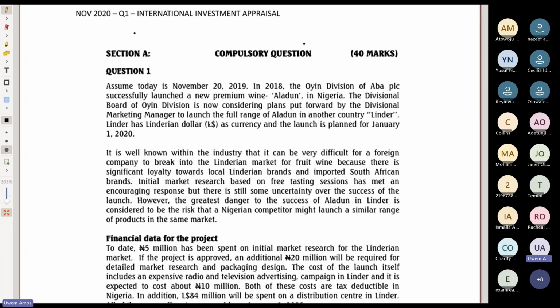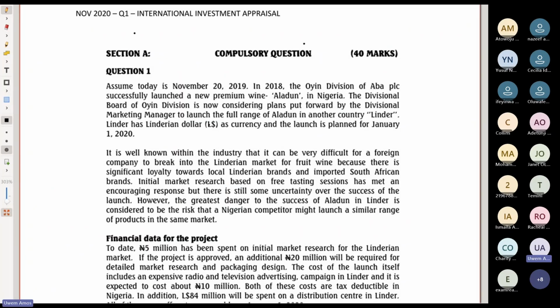Initial market research based on free testing sessions has met an encouraging response, but there is still some uncertainty about the success of the launch. However, the greatest danger to the success of Aladun in Linda is considered to be the risk that the Nigerian competitor might launch a similar range of products in the same market.